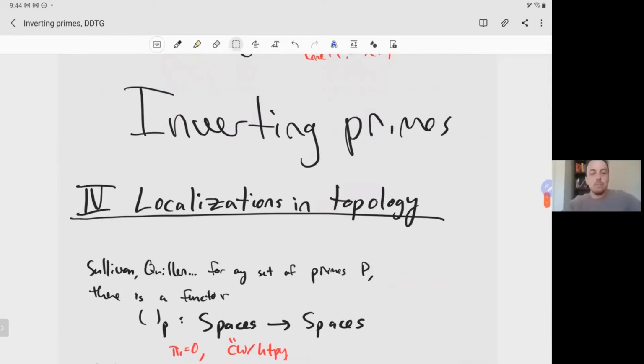This was something considered by Sullivan and Quillen in the setting of rational homotopy theory, and other people before them as well.